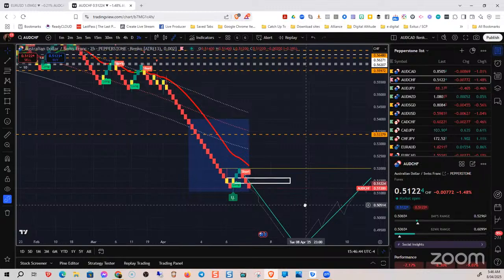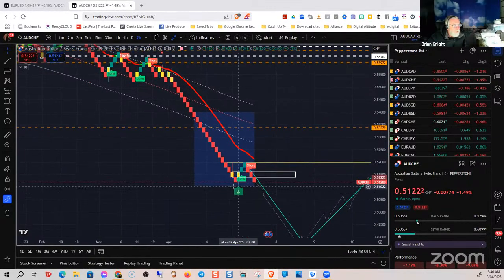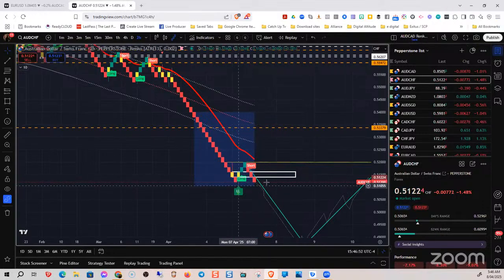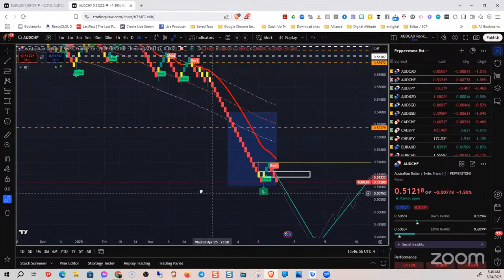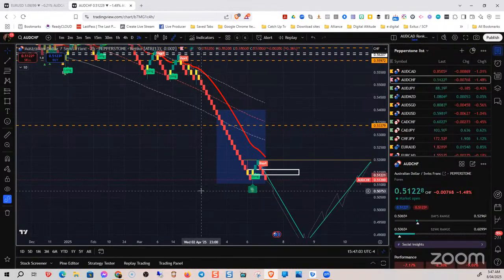If it breaks this low down here, we're still going lower, which means this line will have not changed. It breaks this lower low, you mean? Yeah, it'll create a new lower low, a little bit below it, but it didn't change your trend line. So if it doesn't break that red wick, then we're still going down, and it hasn't.